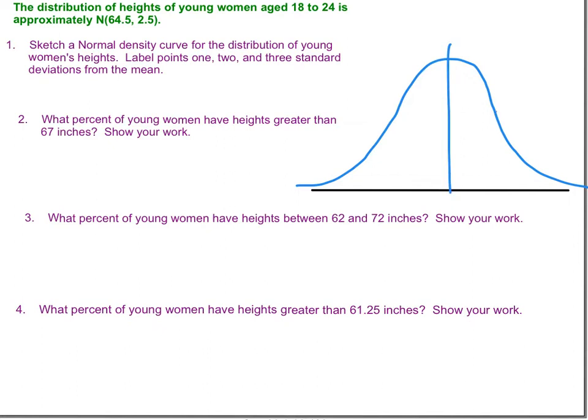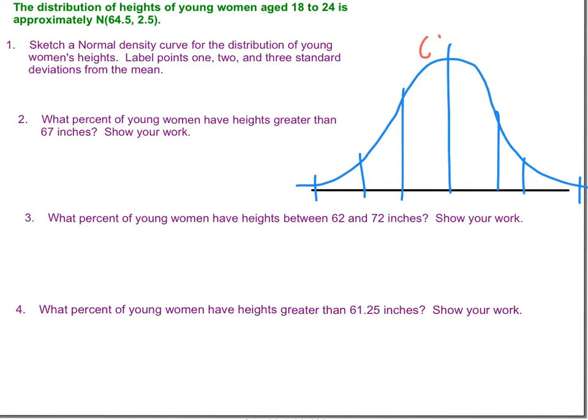Alright, we're going to look at 1, 2, 3, 1, 2, and 3. Topic here is data on the heights of young women ages 18 to 24. Problem tells us that it's approximately normal with a mean of 64.5.